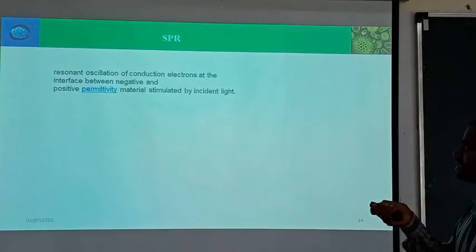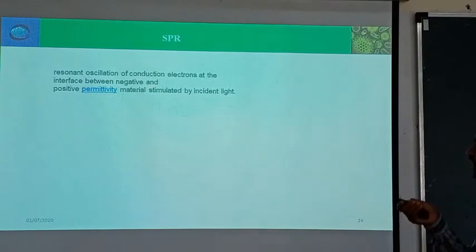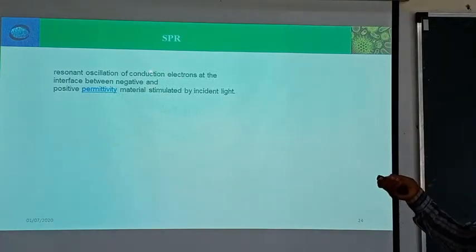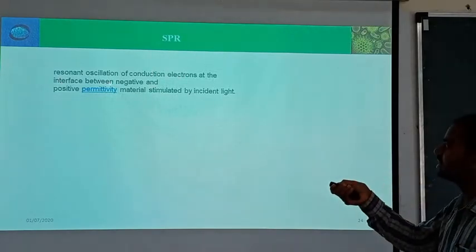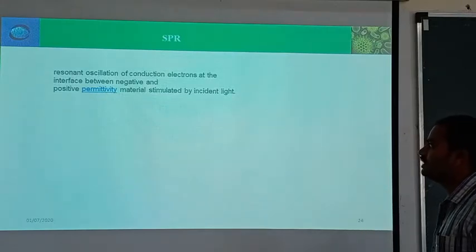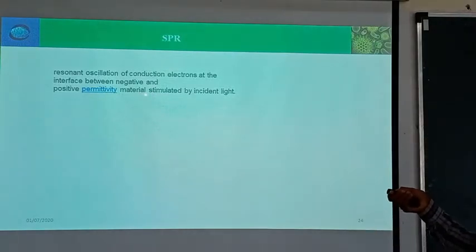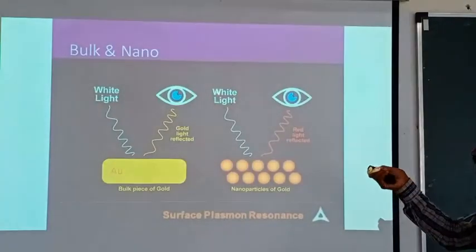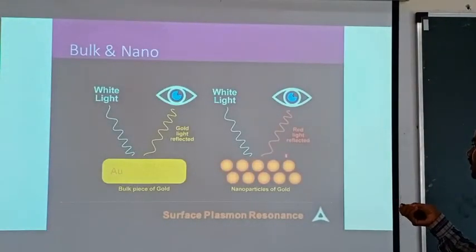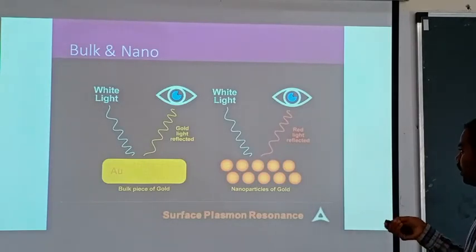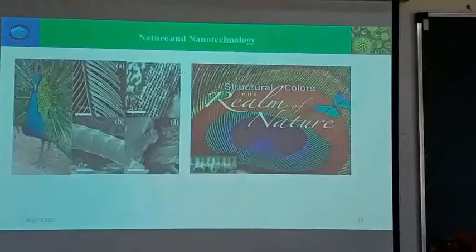So what is SPR? SPR is the resonant oscillation of conduction electrons, present in the conduction band, at the interface between negative and positive permittivity materials, stimulated by incident light. Due to this surface plasmon phenomenon, we get the reflected color.